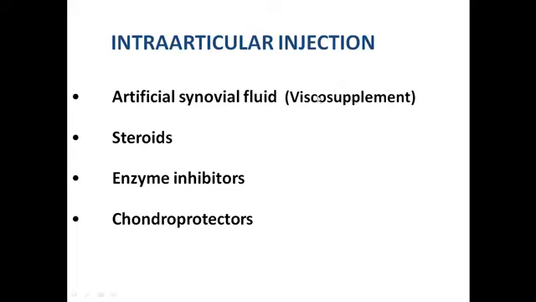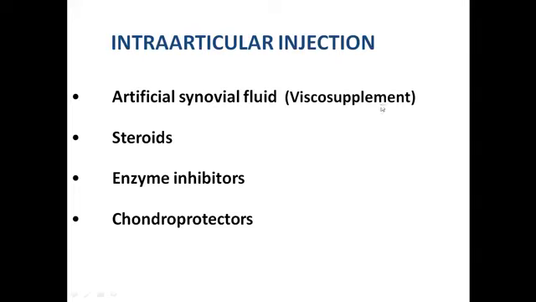recovering the affected articular joint cartilage, and there is a remodeling of the cartilage by means of these two activities. Articular joint supplement, viscosupplement, can be used intra-articularly, basically in the knee joint.